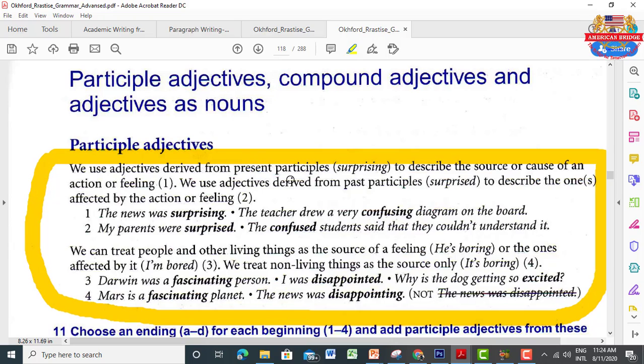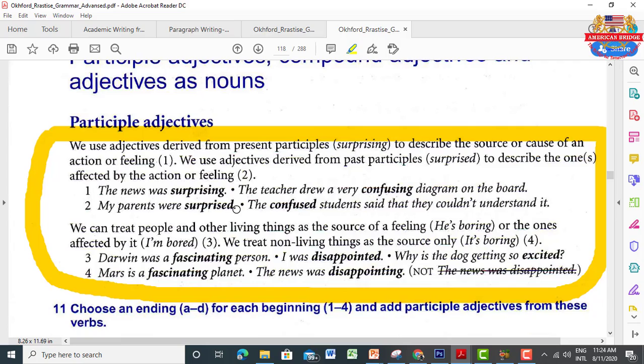We use adjectives derived from the present participle, like surprising, to describe the source or the cause of an action or feeling. We use adjectives derived from the past participle, like surprised with ed, to describe the one affected by an action or the feeling.